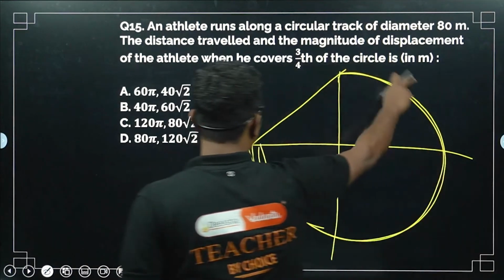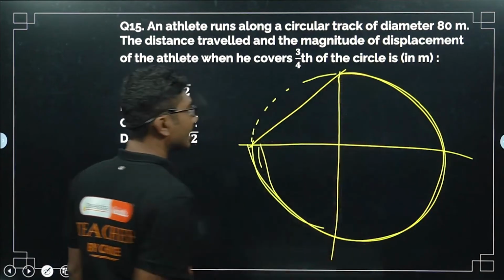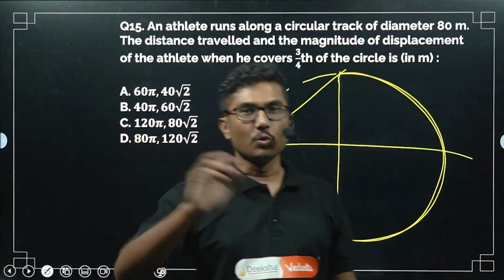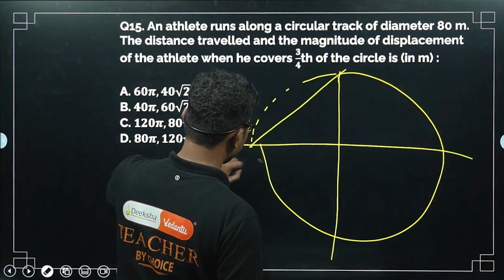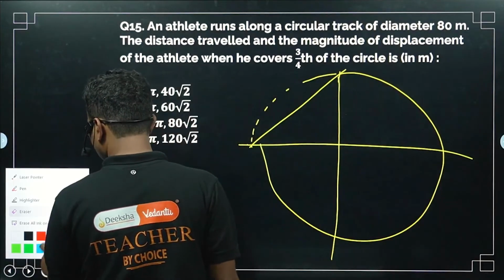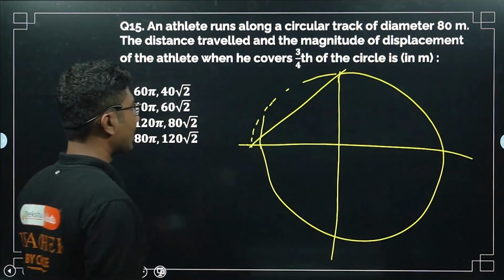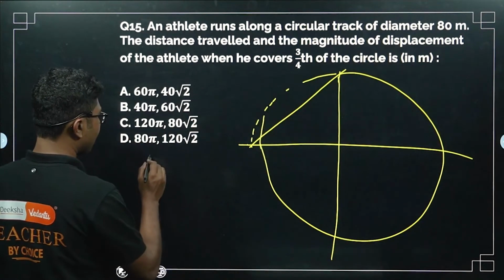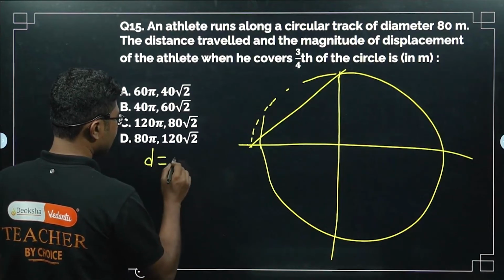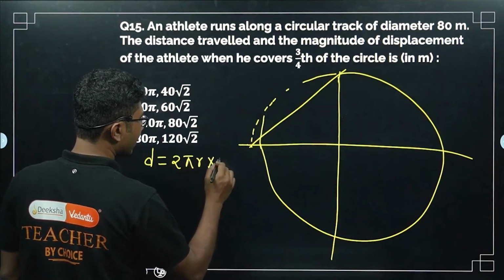Let us first try to find the distance. When the circle is one full circle, then the distance is 2 pi r, right? But in this case, it has not completed the full circle. It has only completed 3/4 of the circle. So the distance is given by 2 pi r when the circle is completed, but here it is only 3/4.